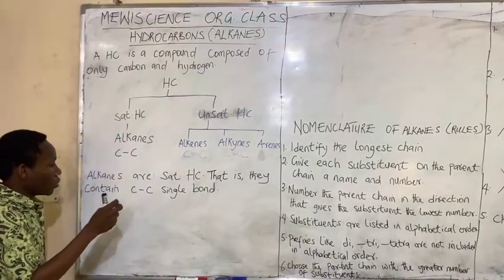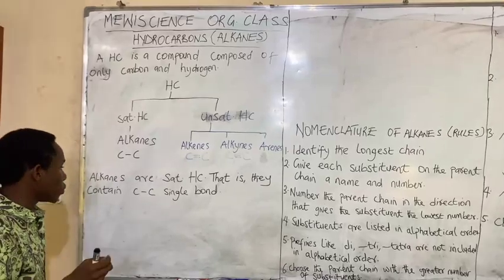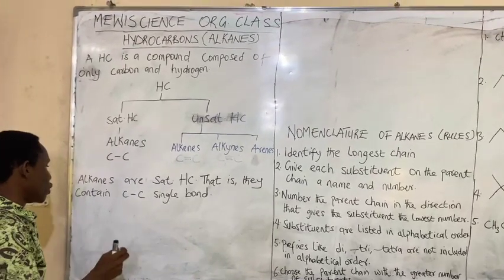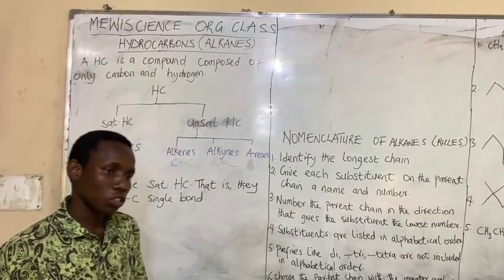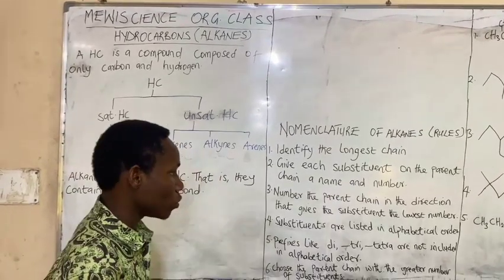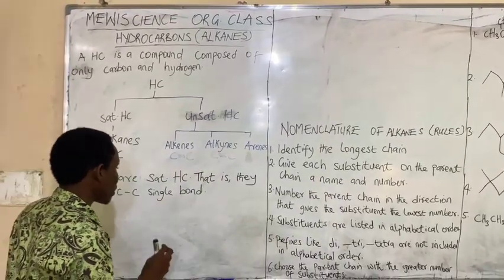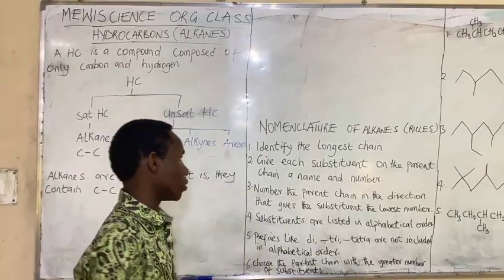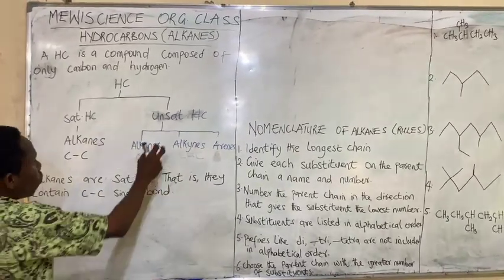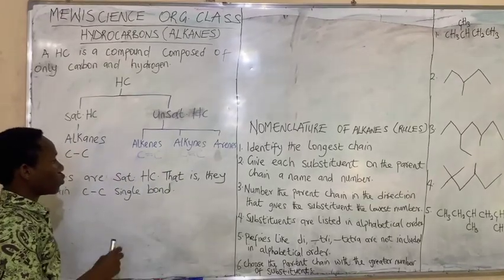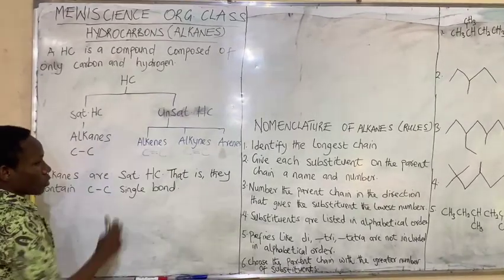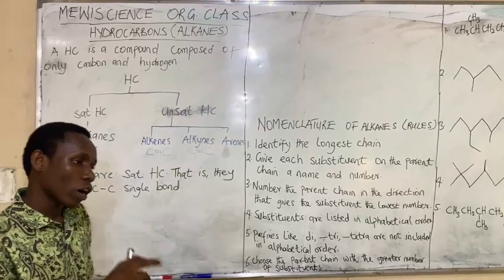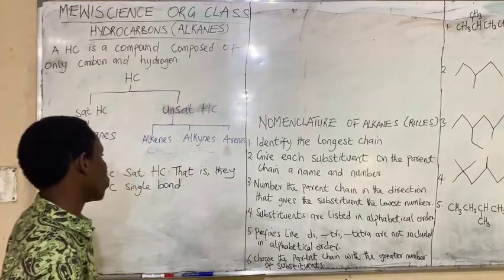Under saturated hydrocarbon, we have the alkanes. So an alkane is a saturated hydrocarbon, that is, they contain carbon-carbon single bonds. Whenever you see a hydrocarbon that has carbon-carbon single bonds, then you know that it is an alkane. Under unsaturated hydrocarbon, we have the alkenes. Alkenes have one or more carbon-carbon double bonds.